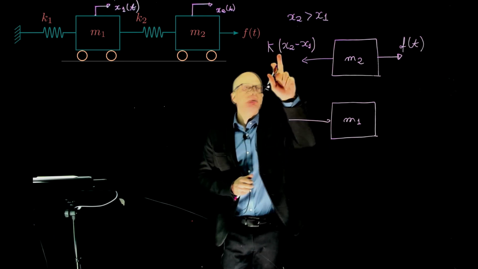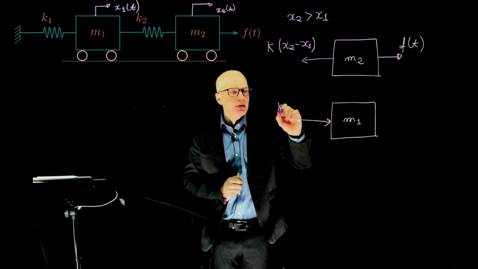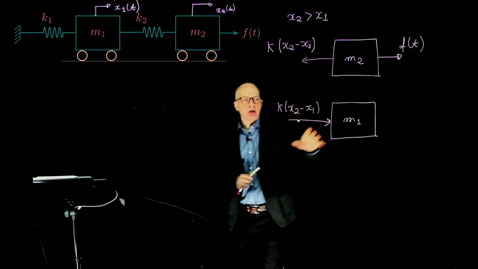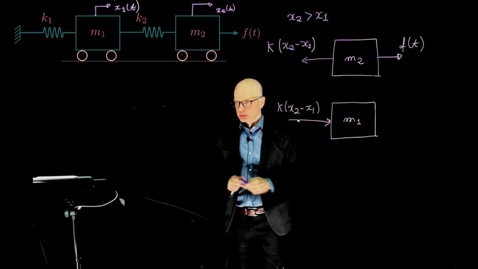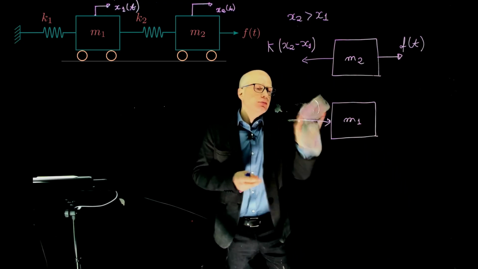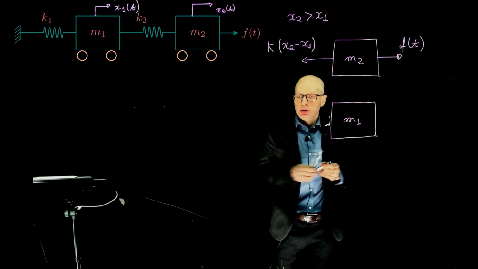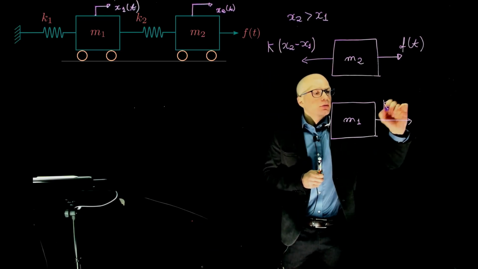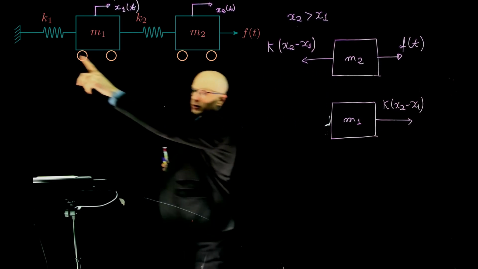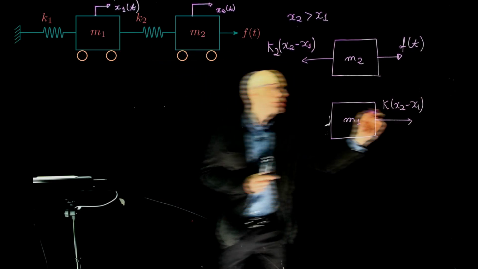So this force from this spring is exactly the same acting here, same magnitude, but opposite direction, so that when you connect these things together, they will cancel out. Let me, for clarity, write this on the other side of mass m1. There is no ambiguity, no confusion with this spring. So this is K2, this is also K2.